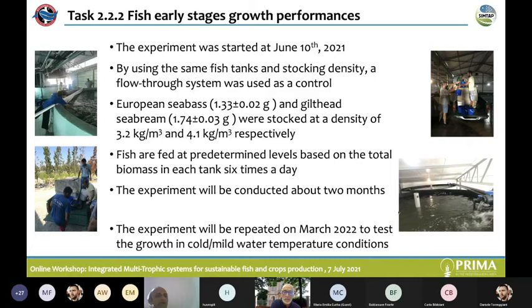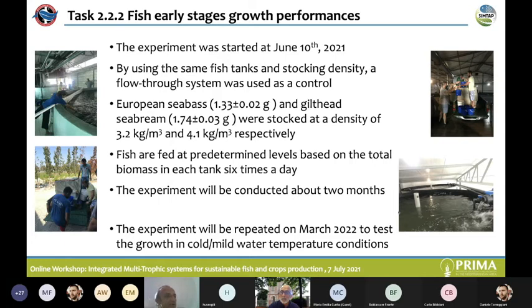This experiment was started on June 10th using the same fish tanks and stocking density. A flow-through system was used as a control.